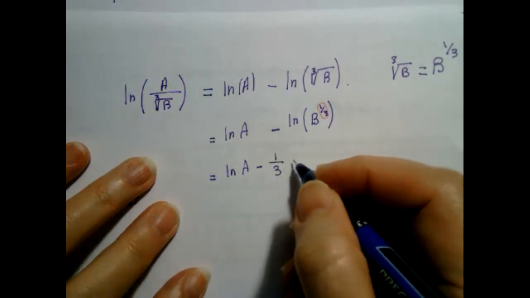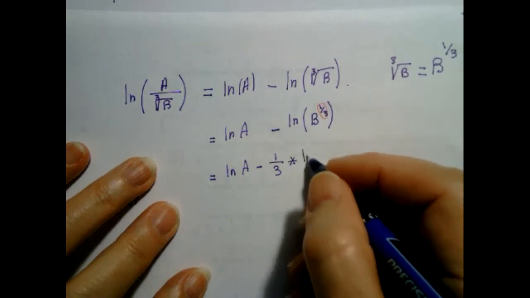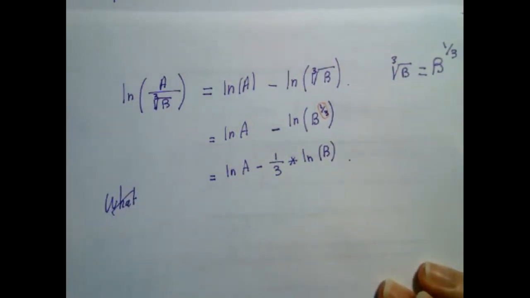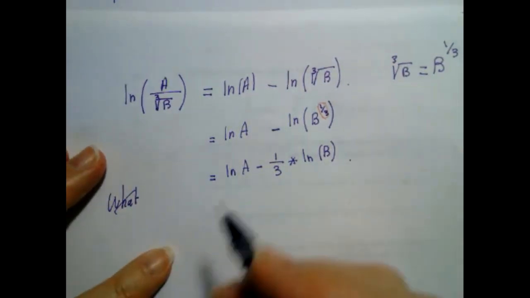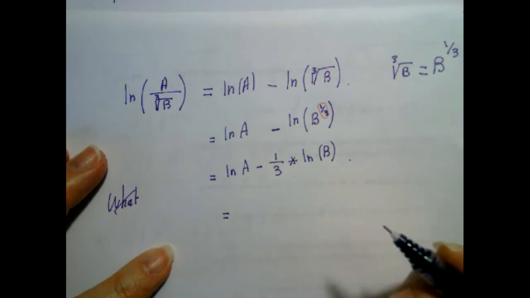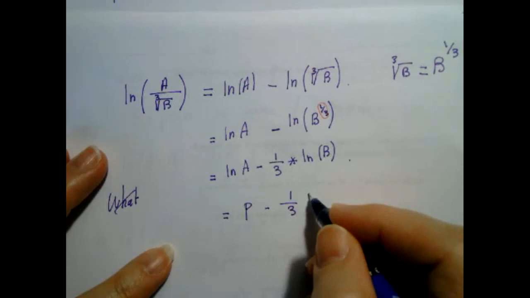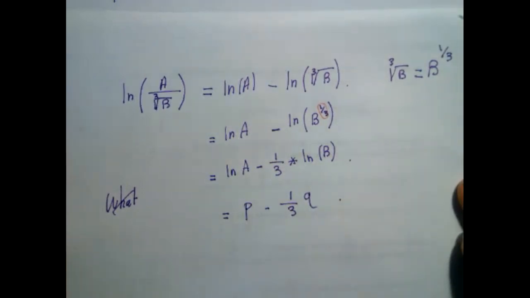Yeah, to the power, and then ln of b, not to b. Yeah, ln of b. Now we're done. That's going to give her p minus one third times q.